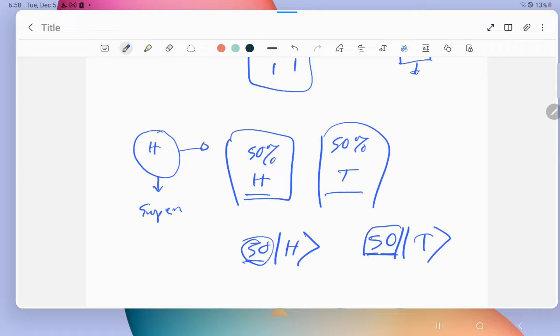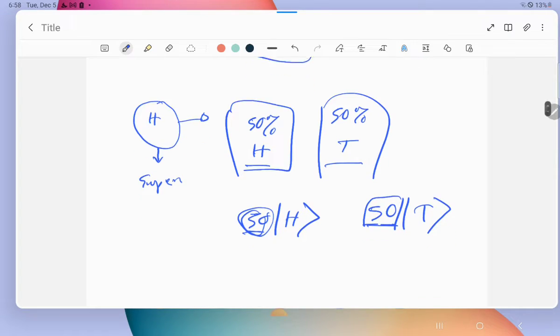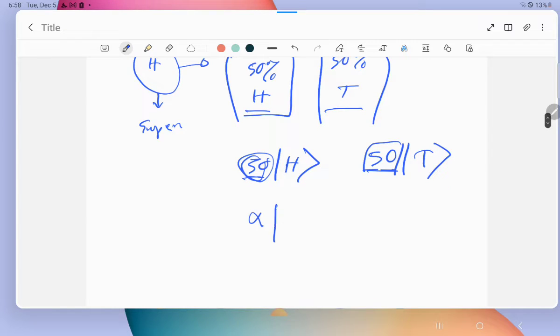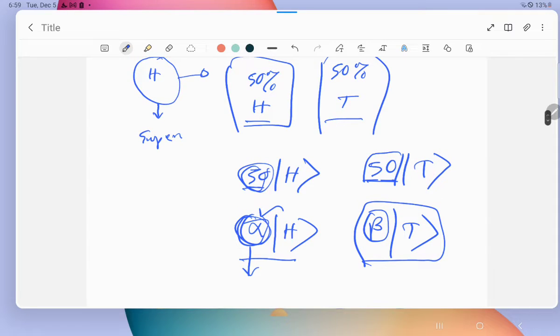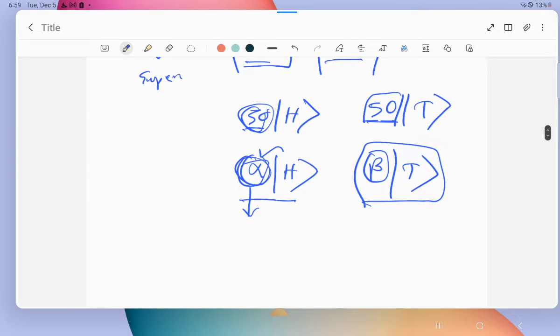We can take these values in ket notation: alpha for heads, where alpha squared gives the probability, and beta, another ket notation, for tails. So there are two values that represent the qubit. When the qubit is in superposition, one qubit can store 2 bits of information.